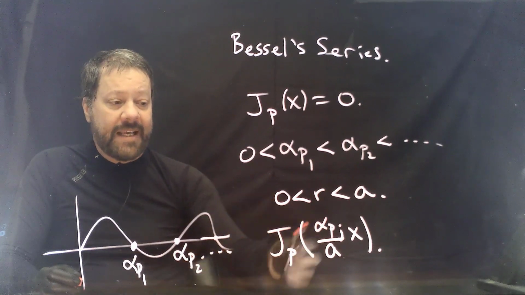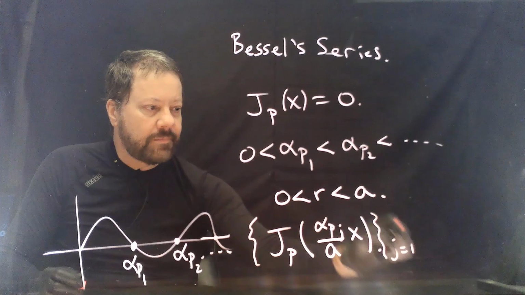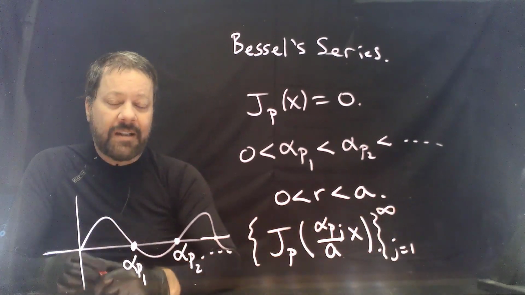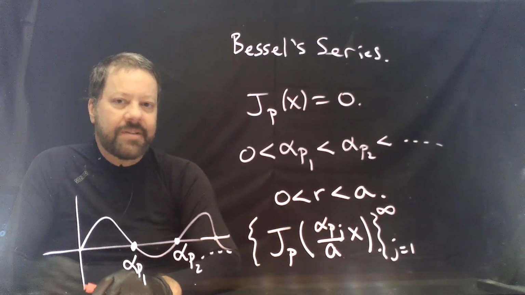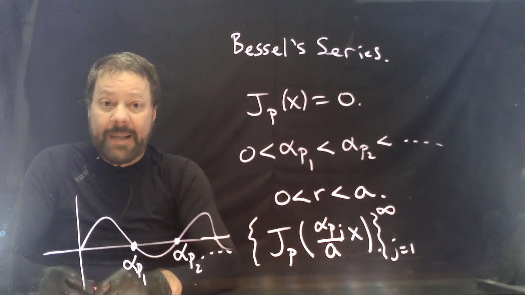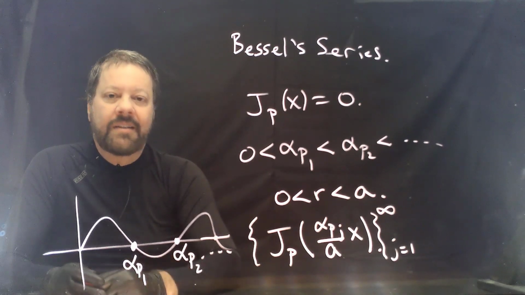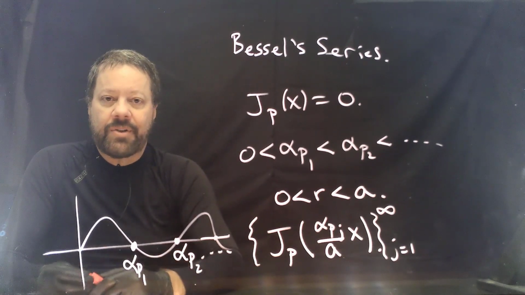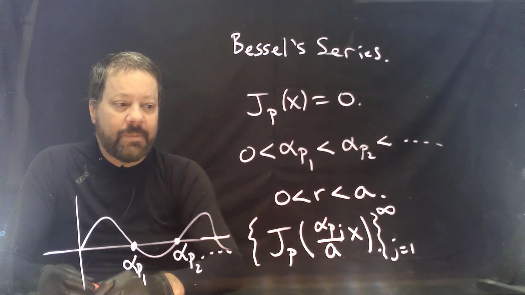As you can see, this will give us a large class of functions that we can work with. The question is, are these linearly independent? Are they orthogonal in some sense? Can we use them to construct solutions to our partial differential equations? The answer to these questions will all be yes.